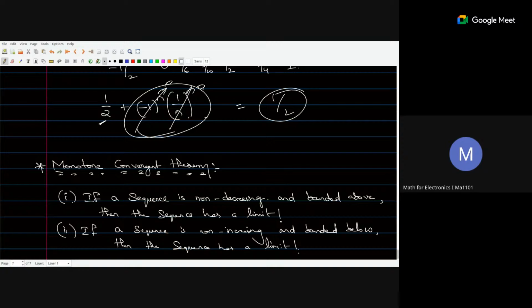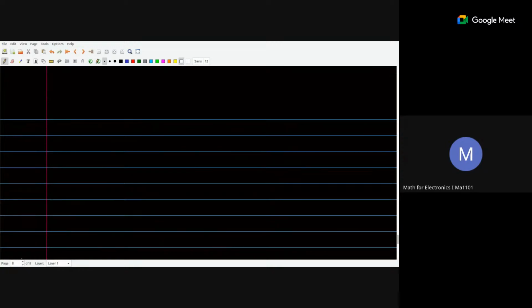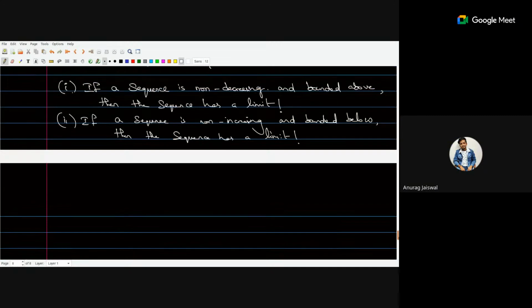Now using the same thing, if I say bounded below, how do I define bounded below? No term shall go below that. That's it. So bounded below sequences means, for any n, my an is greater than or equal to, or I will write it this way, small m less than or equal to an.